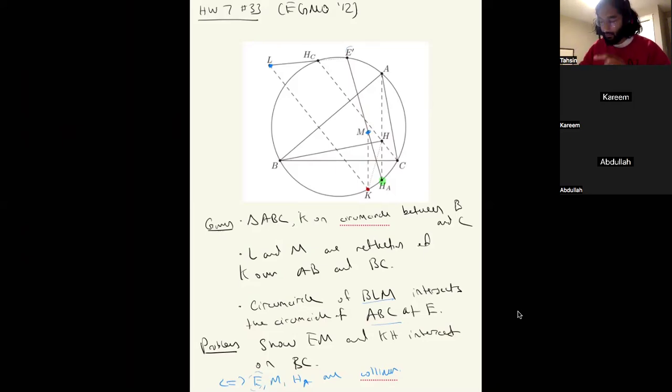I'm saying that the problem statement is equivalent. If we could show that they're collinear, then we've solved the problem. I'm not claiming yet that they're collinear. I'm working backwards, from the problem statement, and what I'm saying is that this and this are equivalent statements.